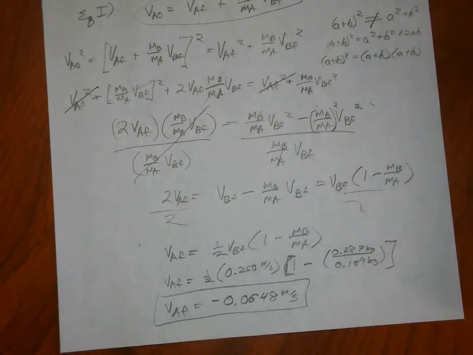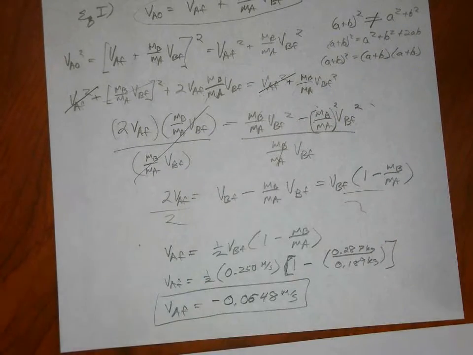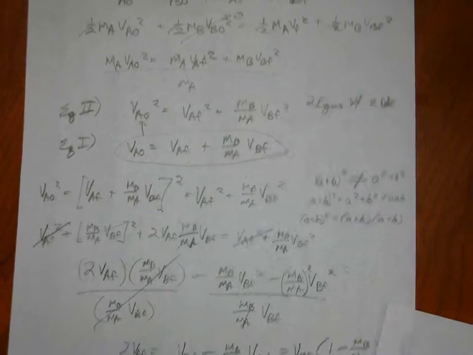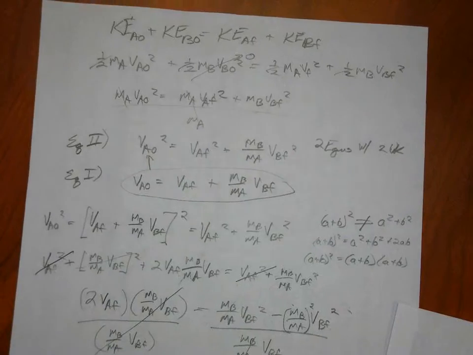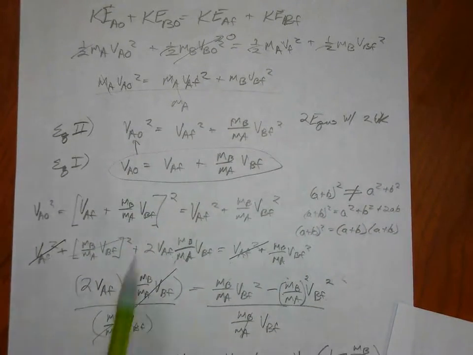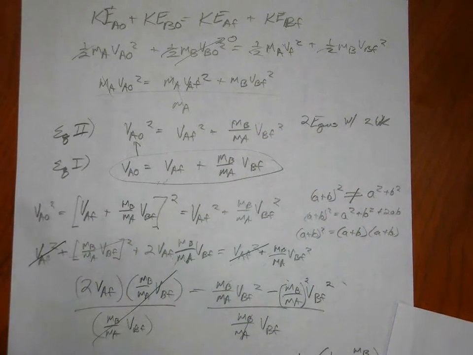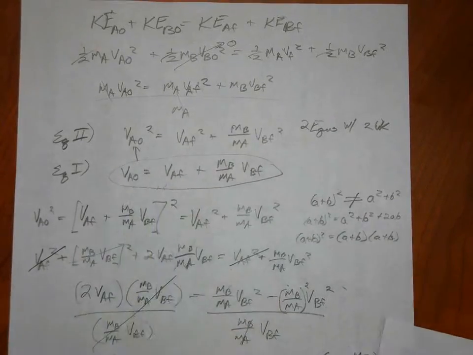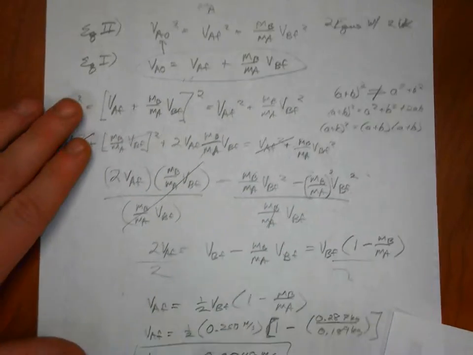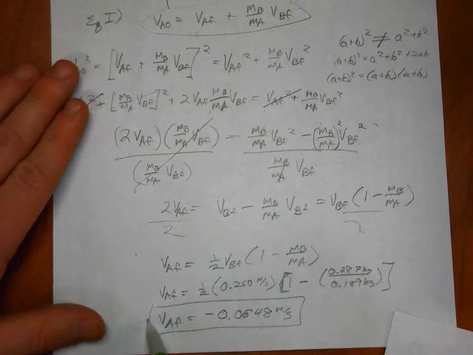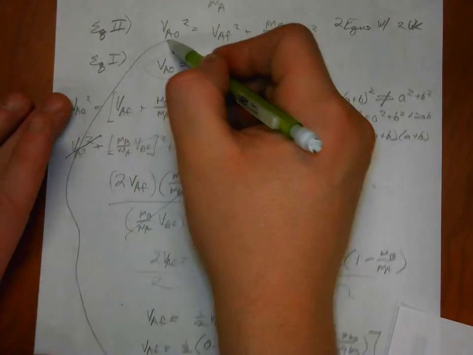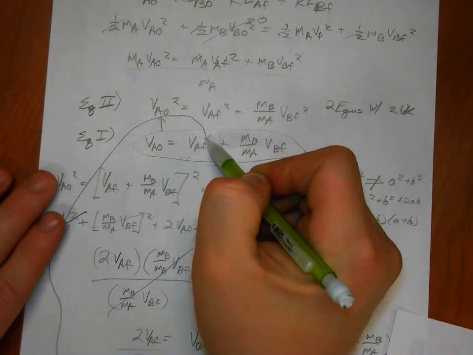Well, we have the final velocity. What is the initial? Well, that's actually a simple one to solve because all we would have to do is plug this back into one of these equations. I like the one without the squares, so let's take this down here and go all the way up to right here.